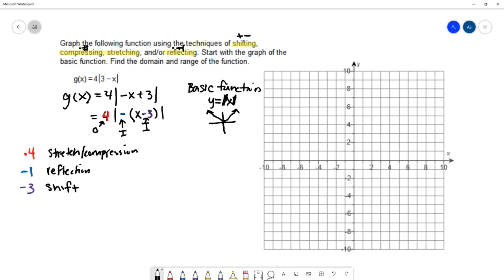Transformations that are on the inside will be horizontal transformations, and transformations that are on the outside will be vertical transformations. So we know that our stretch or compression will be a vertical one, and our reflection will be horizontal, and our shift will be horizontal.